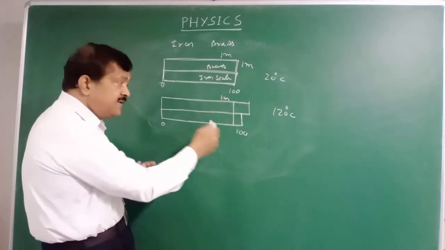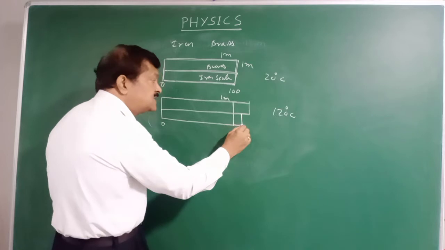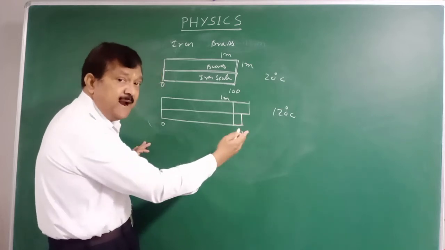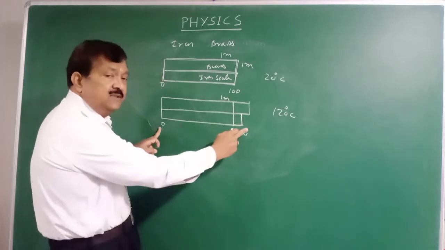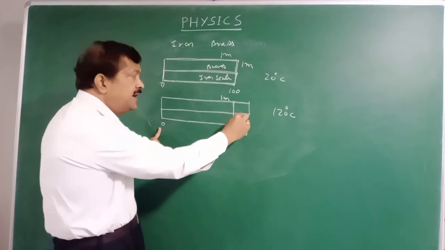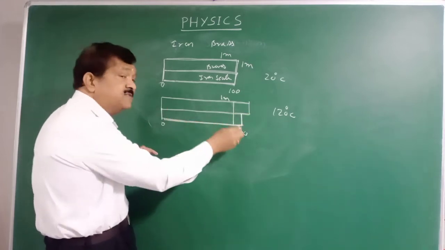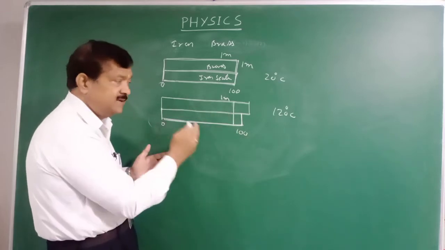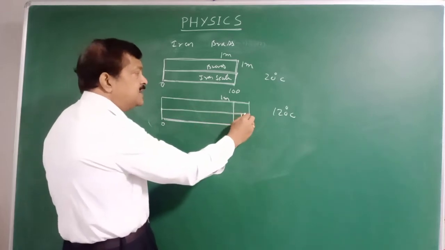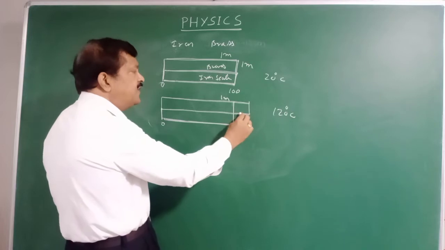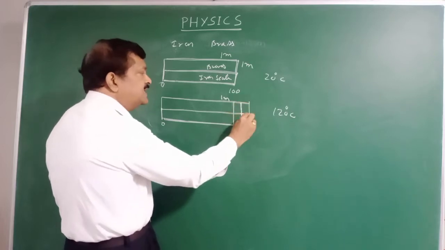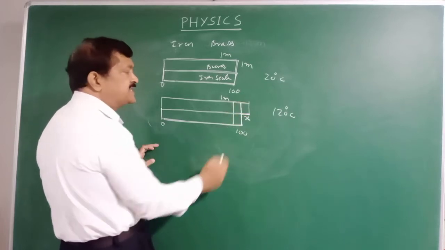But now even the iron scale expands, yet this end remains 0 and this end remains 100 centimeter. So it appears as if the length of the iron scale is remaining 1 meter. But beyond that the brass rod is expanding. Therefore this part is an addition, let us say x.